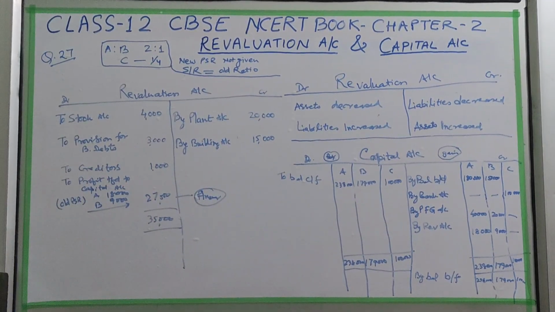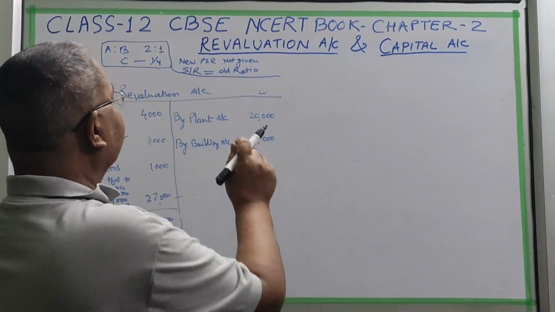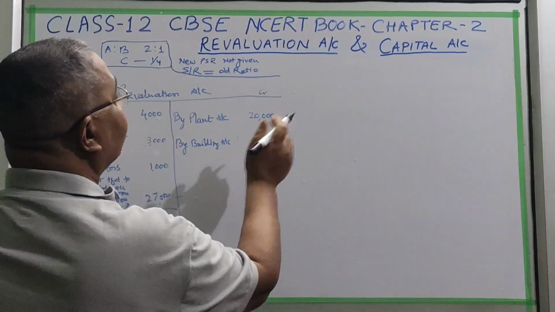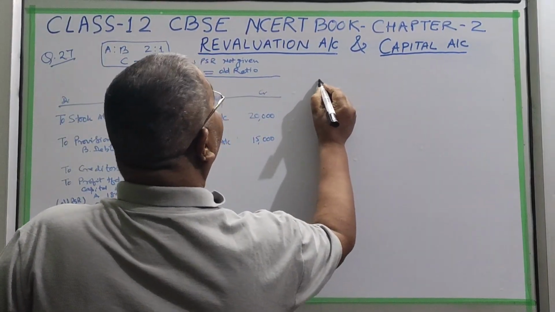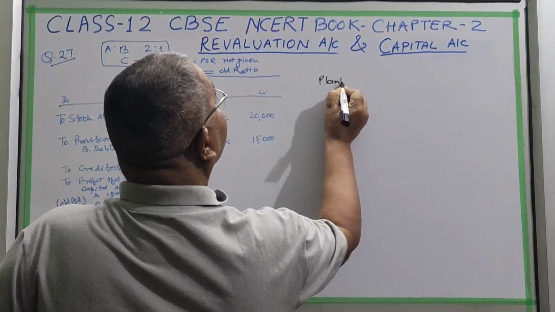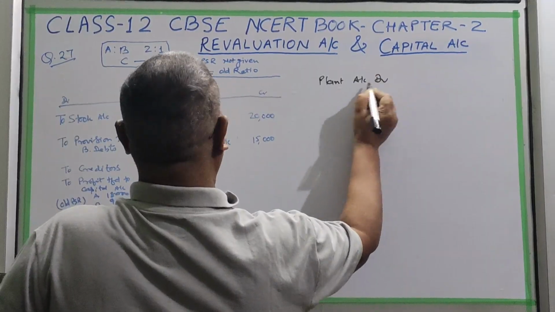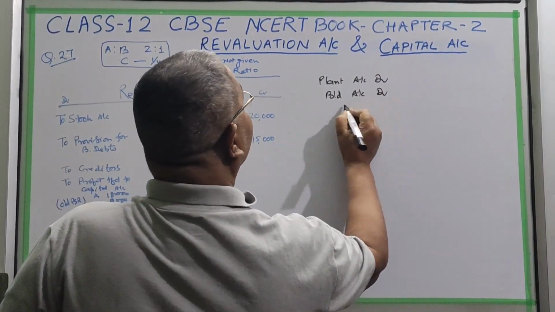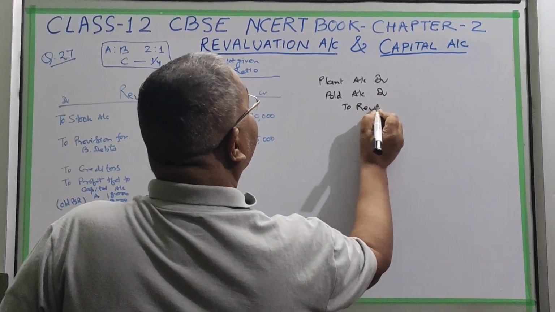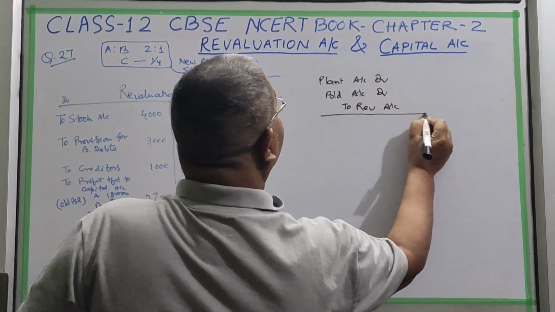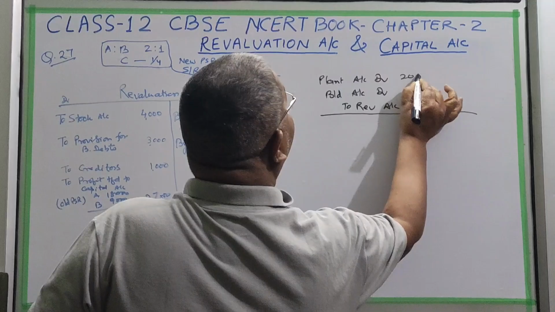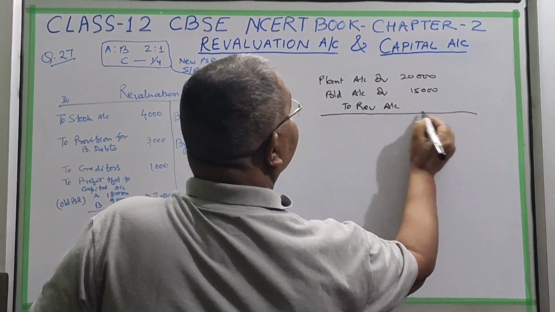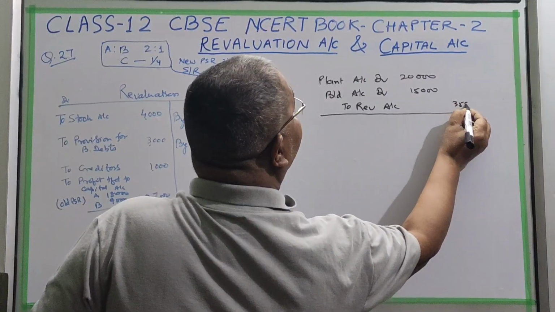Now the journal entry: in the revaluation account, whatever we are increasing, we will write for that: plant account debit, building account debit to revaluation account. This will come here, and the narration will be assets increased.